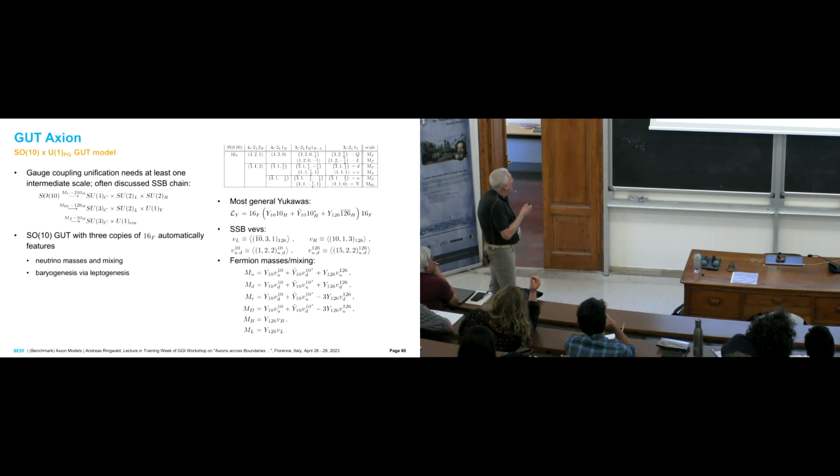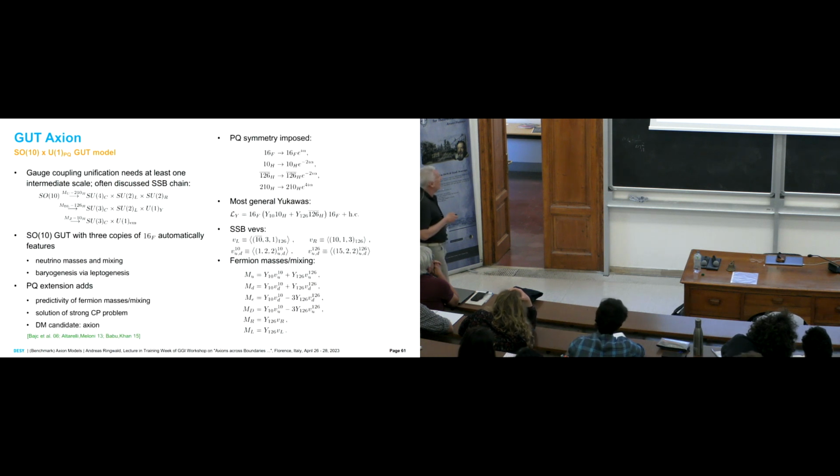The nice thing about this SO(10) GUT with three copies of the fermion 16 representation is that it automatically features neutrino masses and mixing, and baryogenesis via leptogenesis.